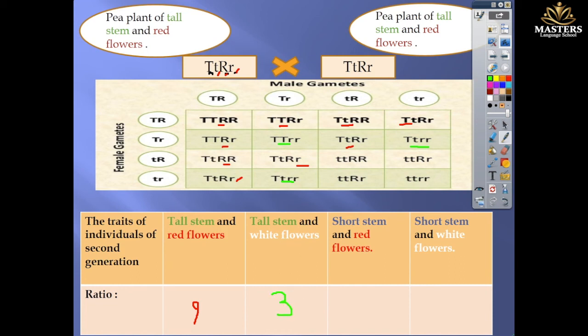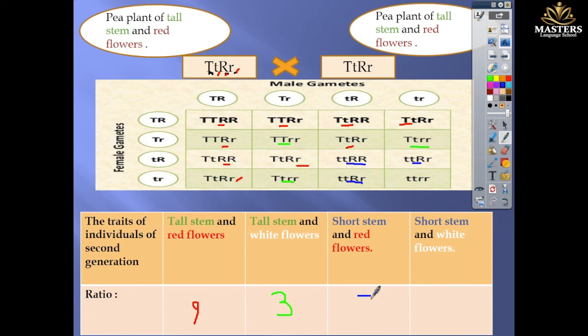Okay. How many offspring have short stem and red flower? Short stem means C small, red flower means R capital. C small, R capital: 1, 2, 3.